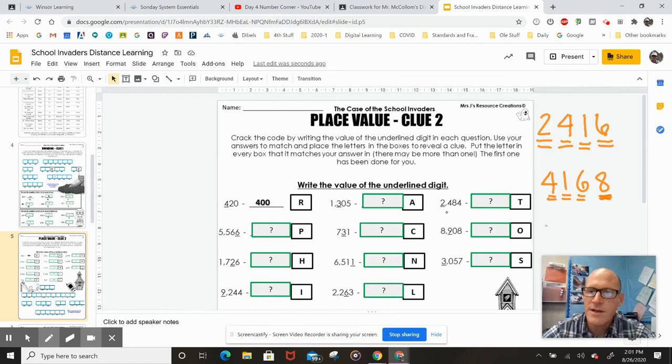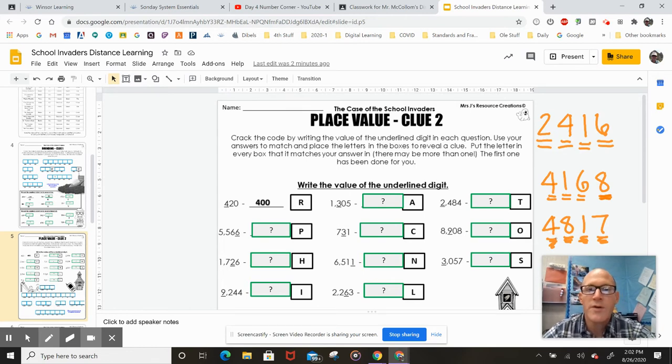Okay. Let's take a number like 4,817. Can you tell me which is the ones, which is the tens, the hundreds, and the thousands? All right, let's take a look. 7 is the ones, here's our tens, here's our hundreds, and here's our thousands.